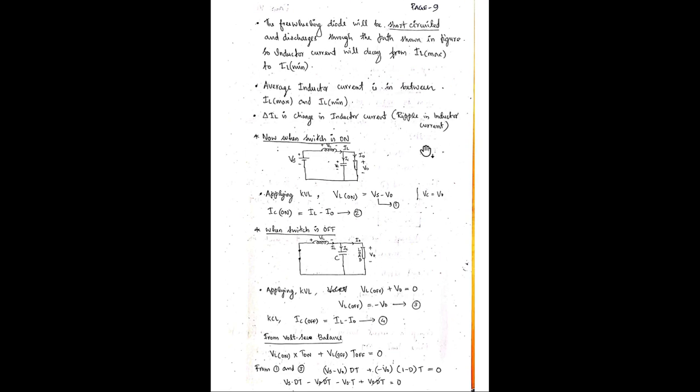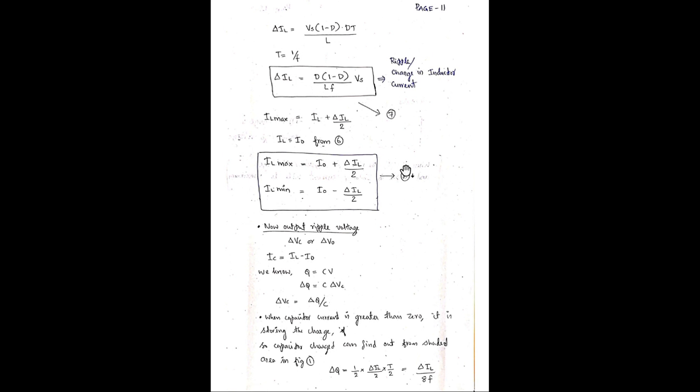So IL max can be written as IL plus del IL by 2. And also from equation number 6 we have seen IL equal to I0, the average value of load current. So IL max equals I0 plus del IL by 2.